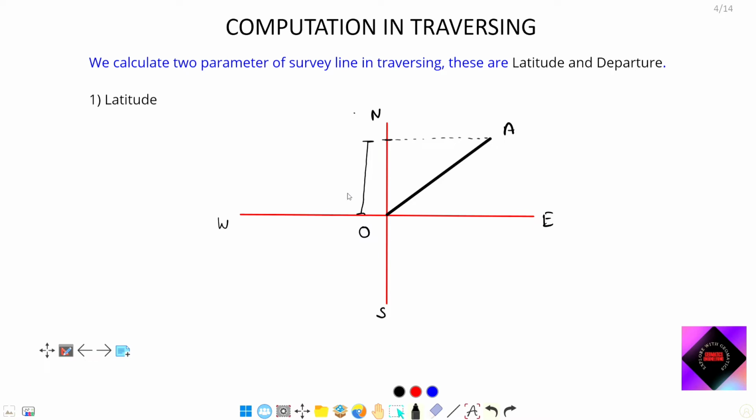You can say projection, you can say shadow. The projection of line OA on the north-south axis is called latitude.